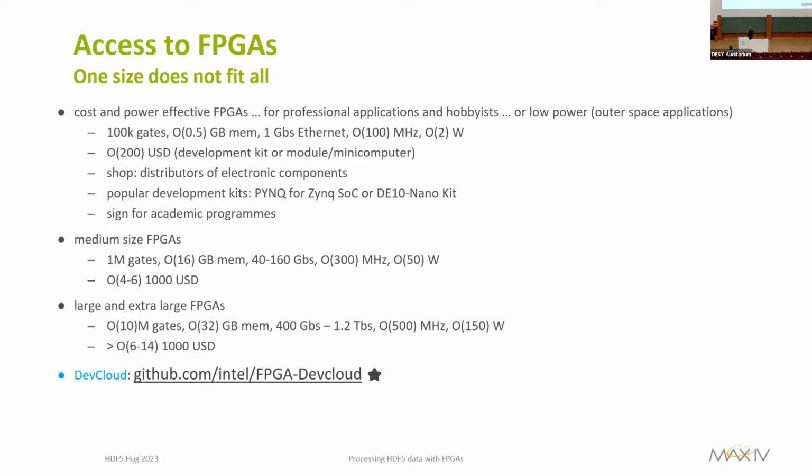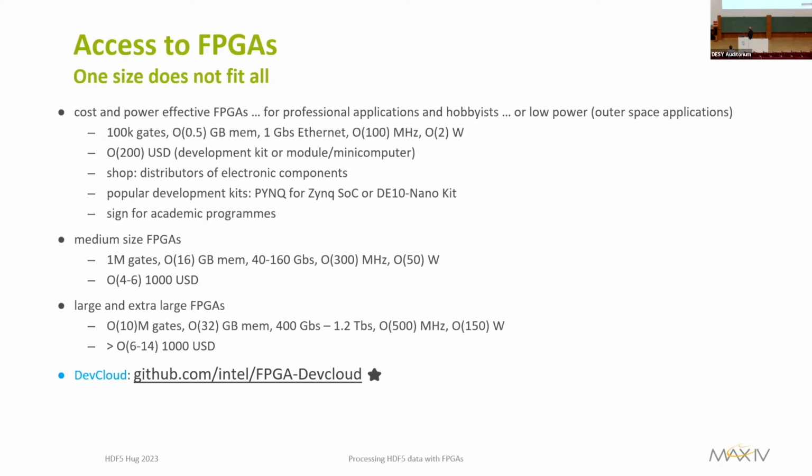They can have quite reasonable power consumption, like 50, 100 watts. And they are also expensive, it can cost, for example, $10,000 for a really good or very large FPGA.